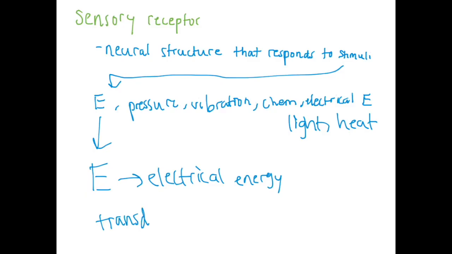So we transduce one form of energy, converting one form of energy into electrical or another form of energy. So a sensory receptor is modified, and responds to a stimulus. We went through some different examples of energy, and this conversion of one form of energy to another is called transduction, or to transduce the stimulus.